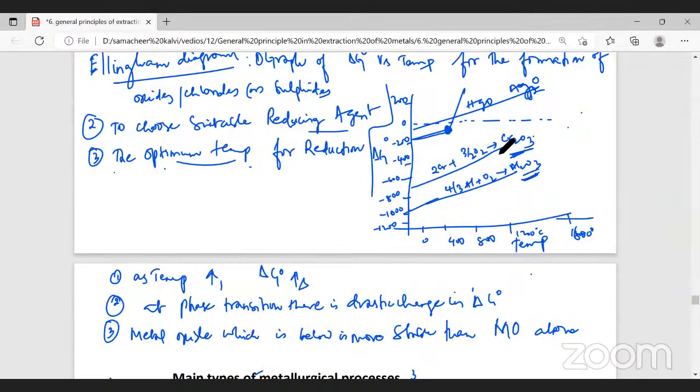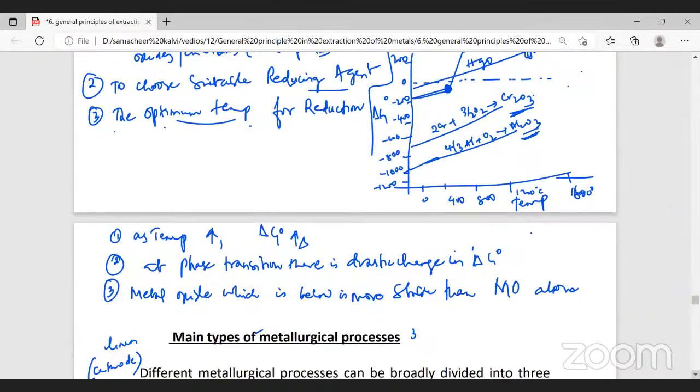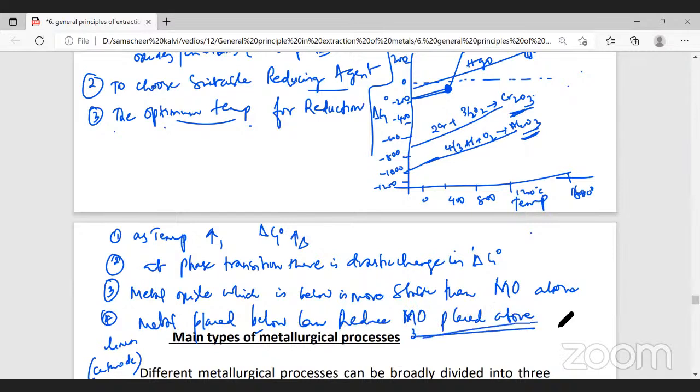It's just a highly complex graph. So the metal oxide placed below is more stable than the metal oxide placed above. The fourth point, the metal placed below can reduce the metal oxide placed above. These are the salient features of Ellingham's diagram.